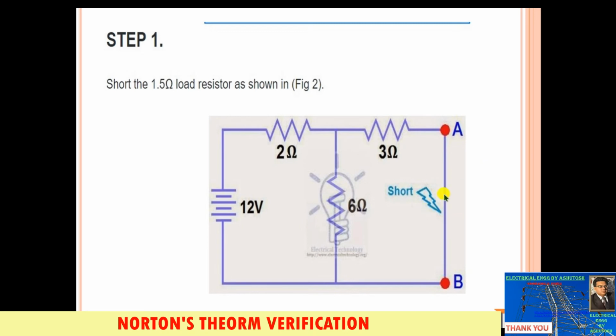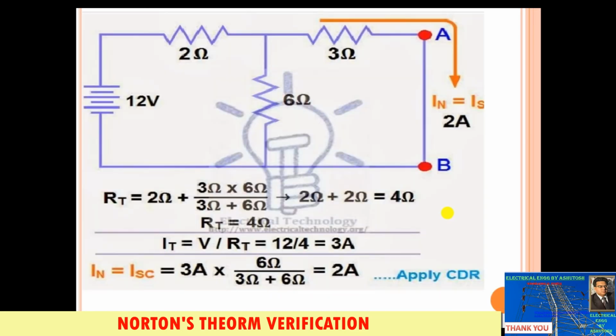Now guys, we have to find out the current flowing through this resistance 3 ohm and from A to B. The current in this branch, flowing from A towards B, will be called Norton's current or short circuit current. So next, we can apply KVL, Kirchhoff's voltage law, mesh analysis, or nodal analysis for finding this current.